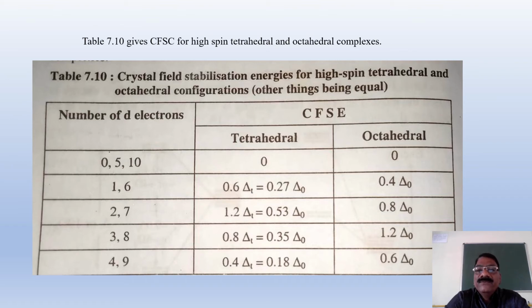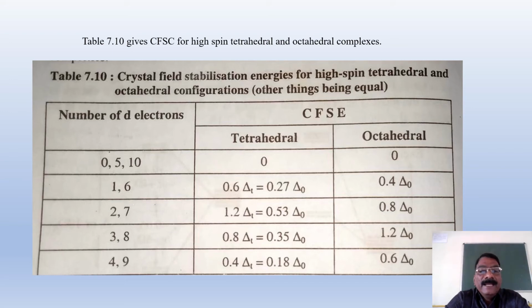So when we calculate the CFSE for 1 and 6 electrons, the tetrahedral has the lower splitting while the octahedral has the higher splitting in delta O values. For 2 and 7 electrons, tetrahedral shows 1.2 delta T. When converted into delta O, it is 0.53, but for the octahedral complexes it is 0.8 delta O.